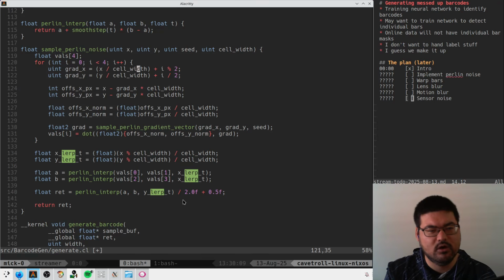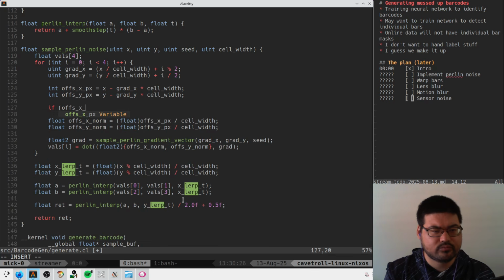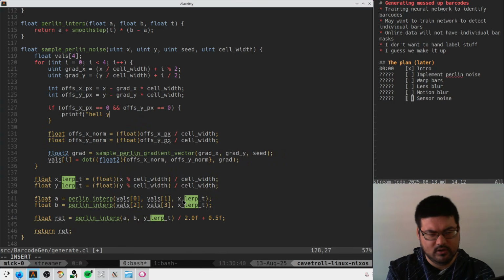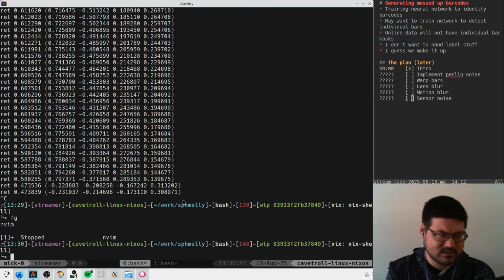So this will be x over cell width, which means that this will be x over cell width times cell width, which means that this should be x minus x. And sometimes, if offs x px equals 0 and offs y px equals 0, printf, hell yeah. Right? This should happen sometimes.